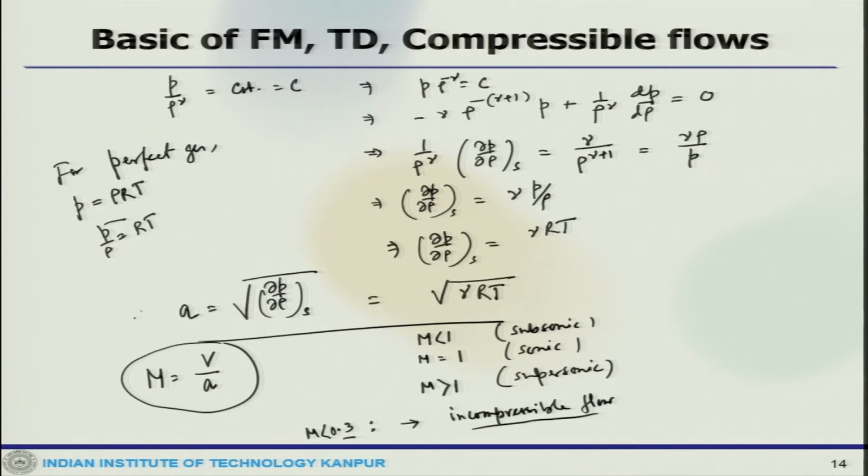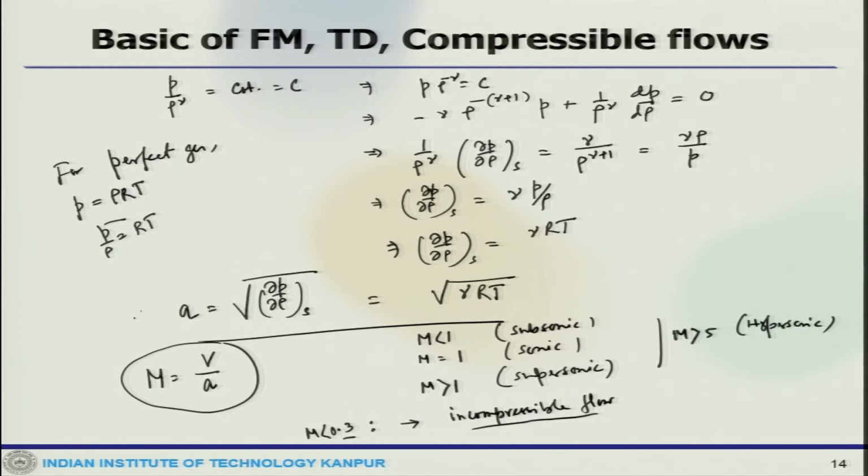Again, mind it, we are not talking about incompressible fluid, this is incompressible flows, because this is a very common mistake that one can make. Even if it is air, the fluid is compressible by nature, but in that limit the flow happens to be incompressible. And as I said, there is also Mach greater than 5, which is hypersonic flow. Okay.